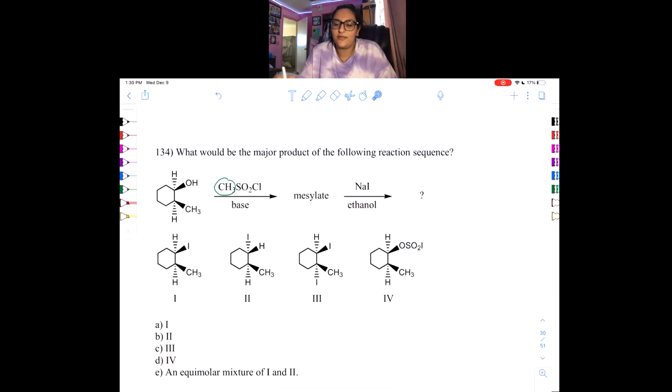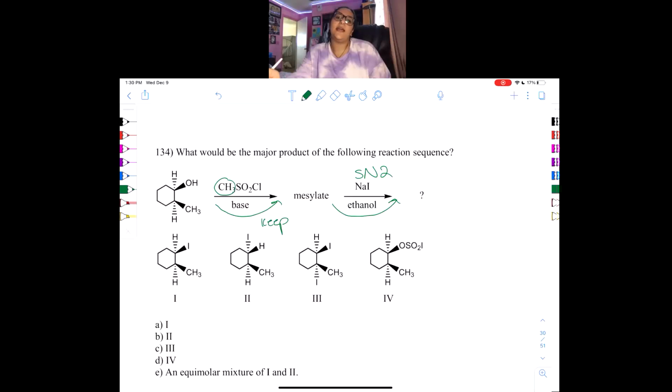I mean, it says it for you here, but I was hoping you guys wouldn't notice that. So in this first step, we are going to keep stereochemistry. In this next step, we're going to do an SN2 reaction. And in an SN2 reaction, what happens to stereochemistry? Inversion. So we're going to flip.